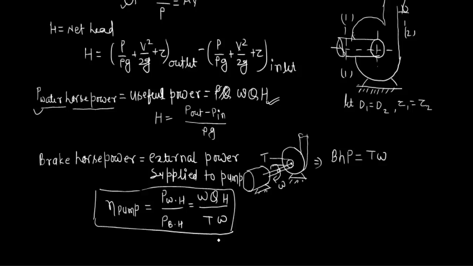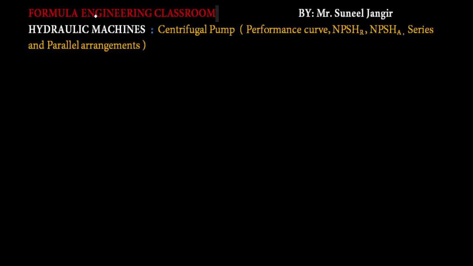Here we defined the performance parameters we are using. First we defined the discharge, second the net head, and third the brake horsepower. Based on all three, we are now able to understand the performance curve of a centrifugal pump. Before going to the performance curve we have to understand two things.